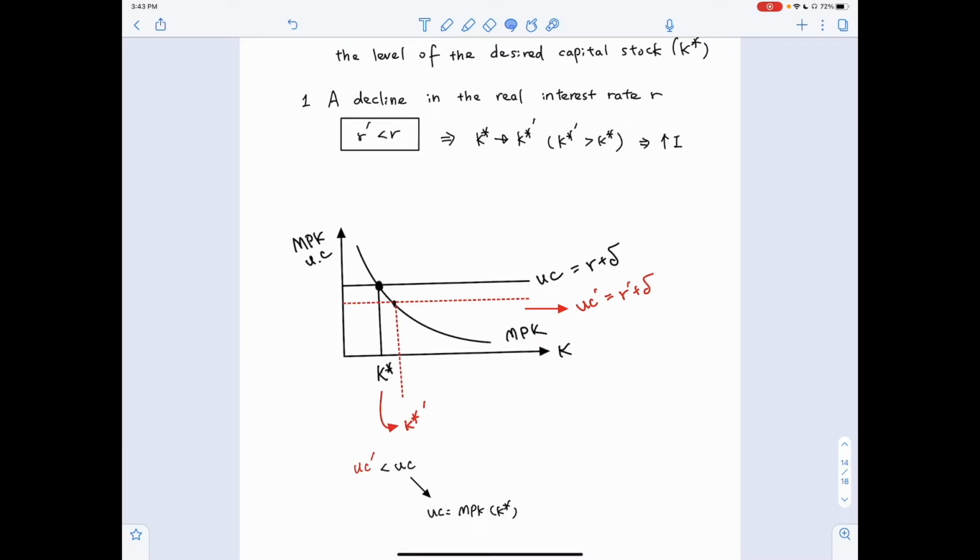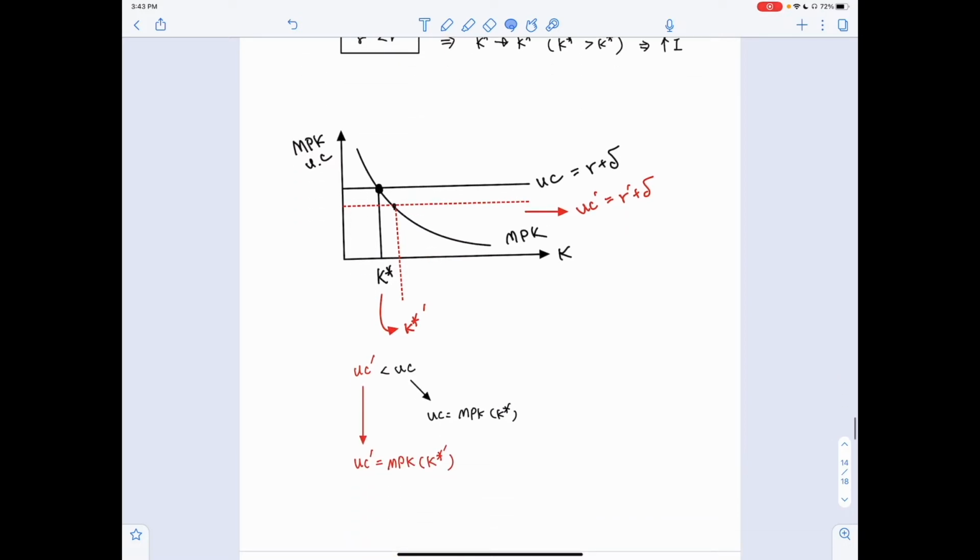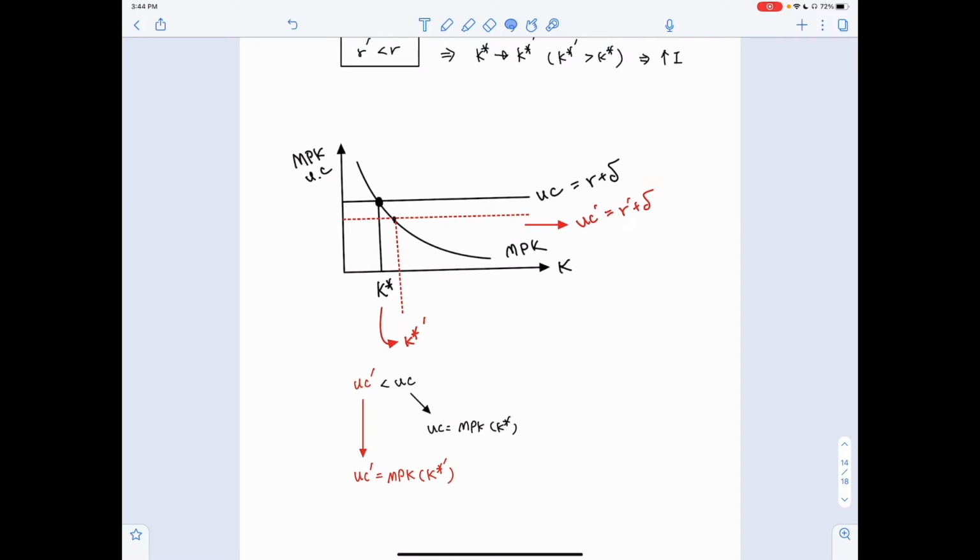Because the user cost becomes lower, we are able to choose the capital stock with a lower marginal product of the capital. So the new level of the capital stock is higher than the old one. Therefore, we need to increase the investment.